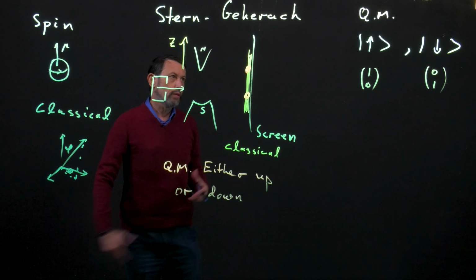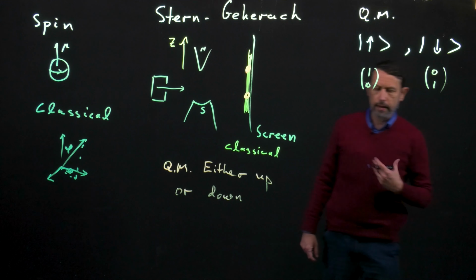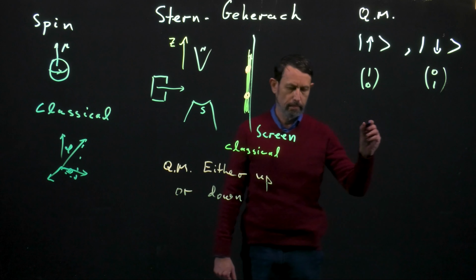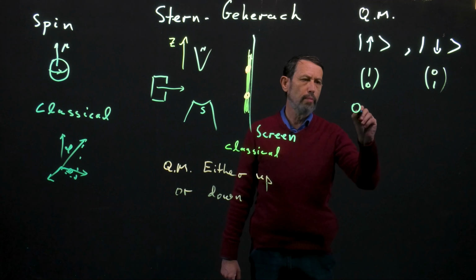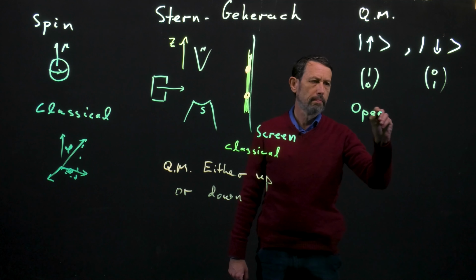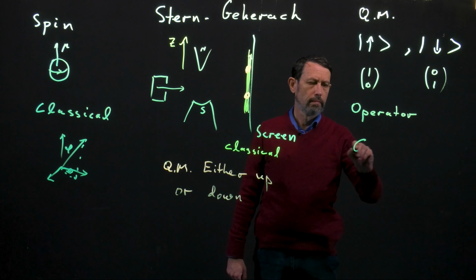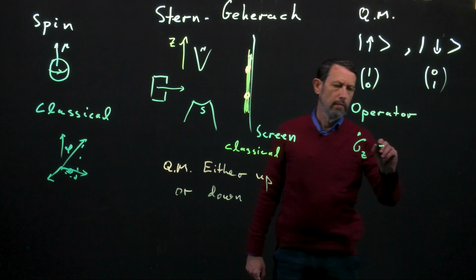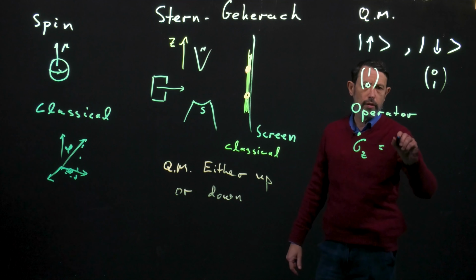What can we measure? Of course, we can measure the magnetic moment in the z direction. So the corresponding operator will be a 2 by 2 matrix. Of course, our dimension here is 2.